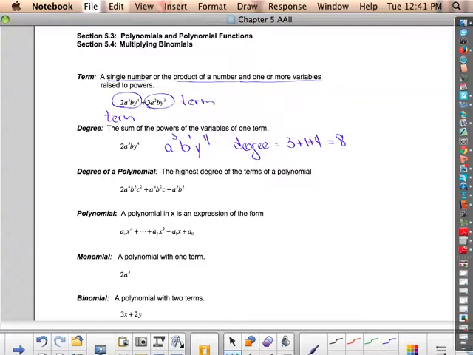So when I look at this polynomial, I have 3 terms. The degree of the first term is 9. The degree of the second term is 7. The degree of the last term is 6. Therefore, the degree of the polynomial is 9.